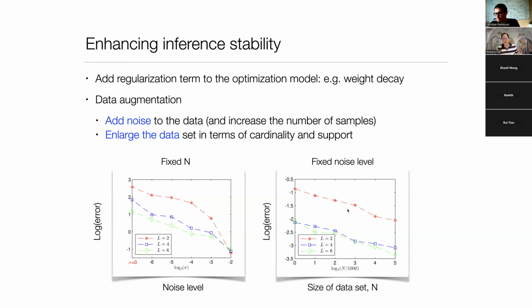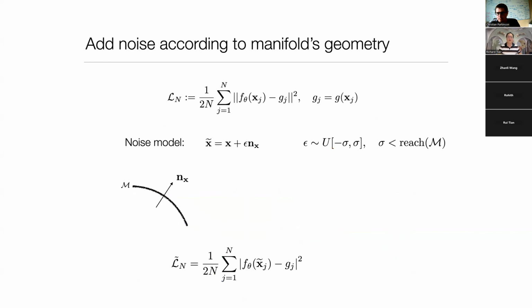And as we know, there are many fundamental differences between shallow and deep neural networks. Now, we can understand the effect of adding noise in a more systematic way, and interpret it as a particular way of regularizing your original loss function without formally changing its form, in the following way. Suppose I know the normal direction of the data manifold at every data point.